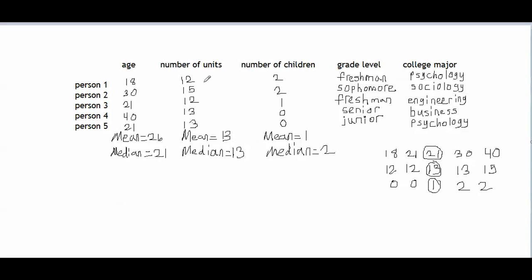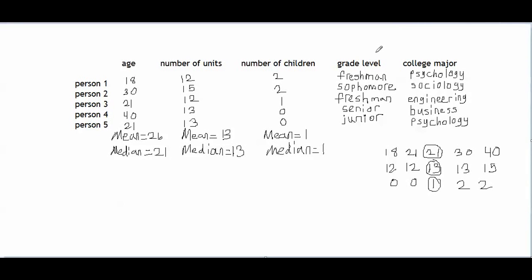It looks like in this column of data, the mean and the median came out to the same number. That can happen sometimes. Sorry, I made a mistake. The median of this column of data was 1. That's why I said the mean and the median came out to the same number. And it's fine that the mean and the median came out to the same number because that can happen sometimes.